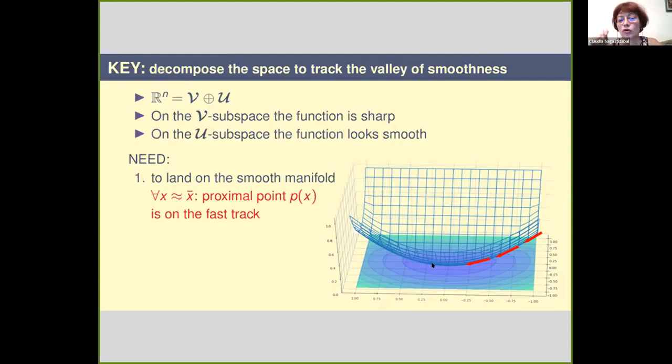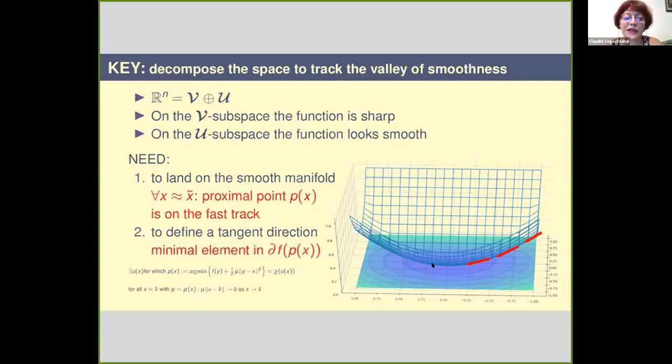So if we are able to compute the proximal point of a function, we will be following this manifold of smoothness. We will identify this hidden region where the smoothness of f lies.